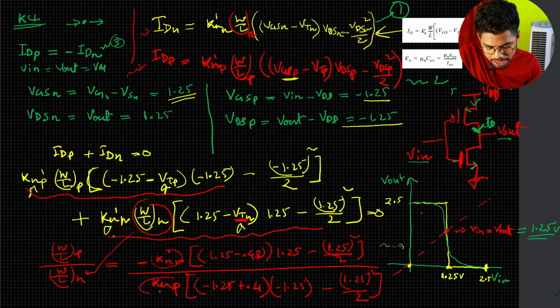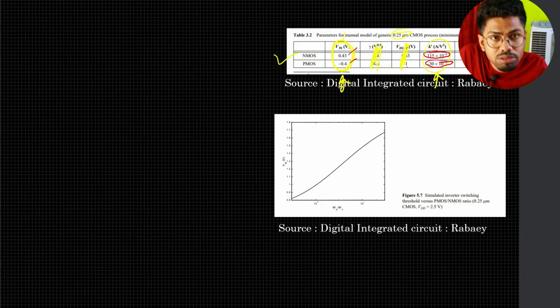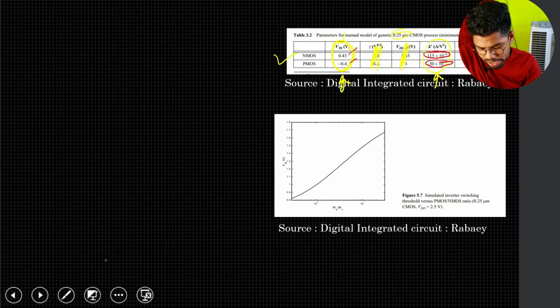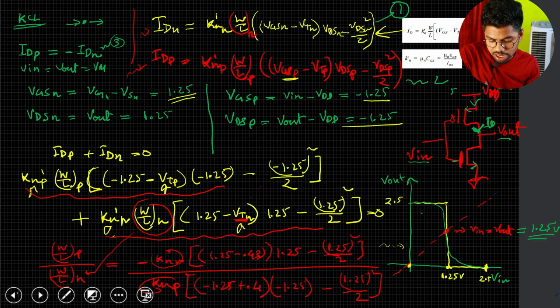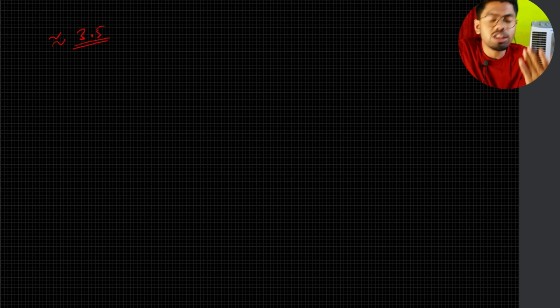And for Kn and Kp, let me show you the values. This is your Kn value, 115, and this is your Kp value. You just need to put them in carefully, and the value you get will be closer to 3.5. And what is this closer to 3.5?